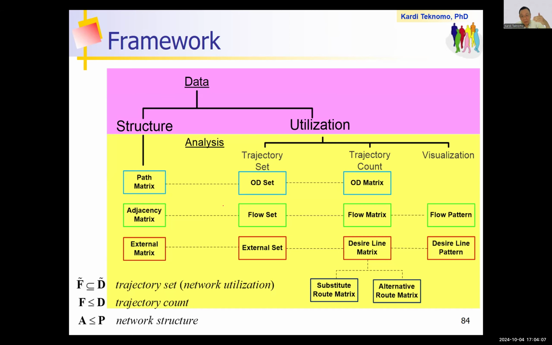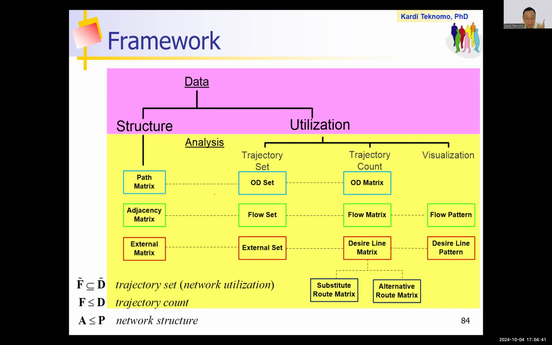Based on trajectory, you can create an OD set, a flow set, or an external set. If you count the elements of the set, you can get the matrix: the OD matrix, the flow matrix, and later we discuss more about the design line matrix, which we can also divide into alternative route and substitute route. And of course, we can visualize this as a flow pattern.